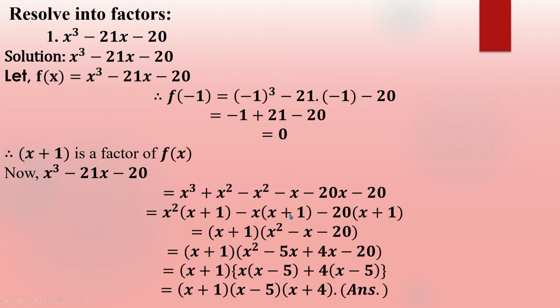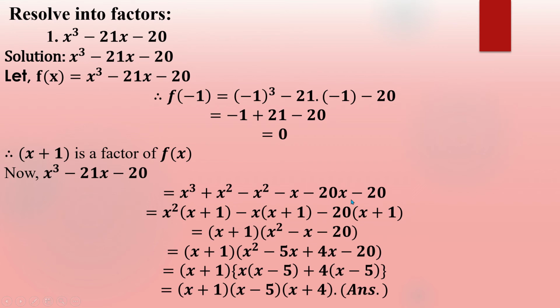As here is x plus 1, for matching minus x square we have to take minus x. Clear? Now multiplying minus x into x means minus x square, and minus x into plus 1 means minus x, but here is minus 21x. So for matching minus 21x, we have to take minus 20x because here is minus x.